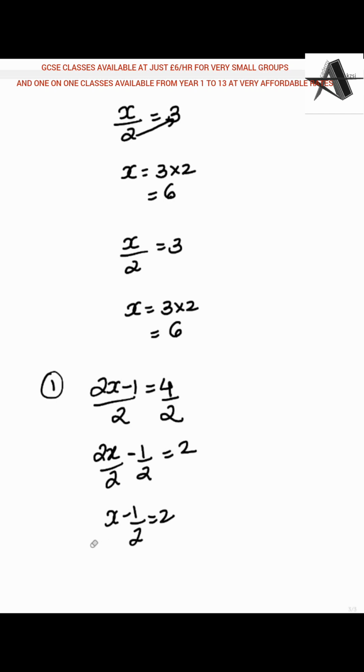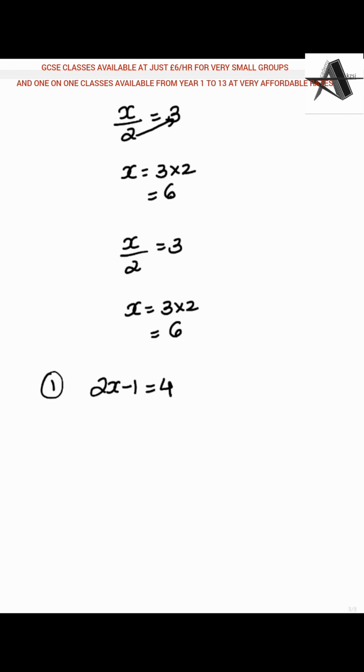You can do like this, but the most common mistake the student does is they do like this. They divide both the sides by 2, like this, and then they cancel out and write x minus 1 equals 4 over 2 is 2, and x equals 3. They end up getting this answer.